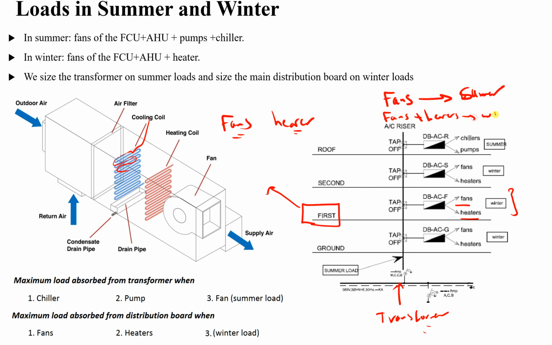That is the winter load. So when I'm designing the distribution board for this floor, I have to take the worst case, which one of these, which is the fans and heaters. That's why you can see that the distribution board is designed based on the winter loads that contains both the fans and heaters.